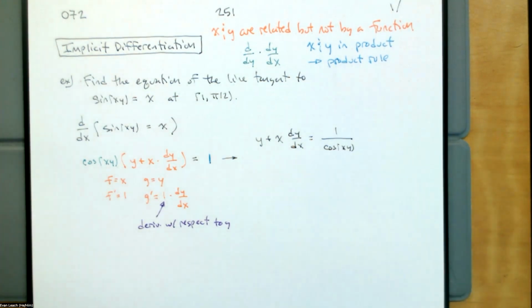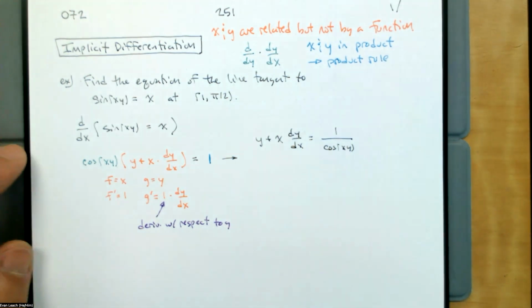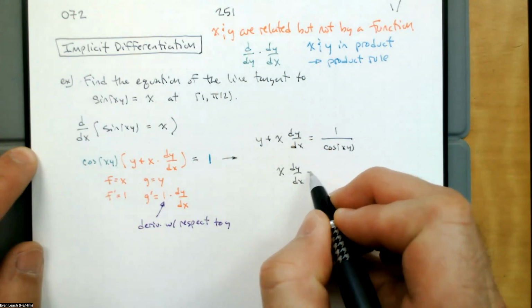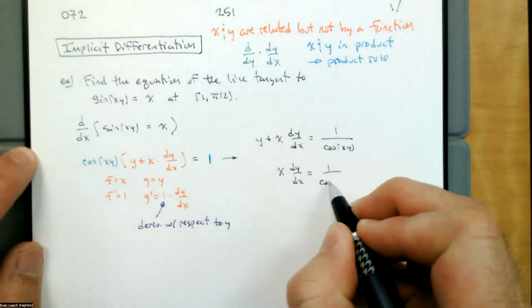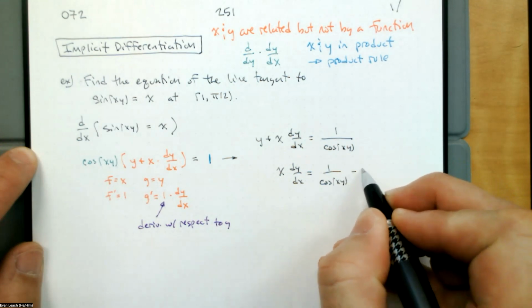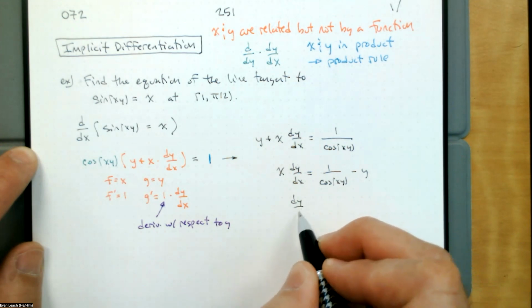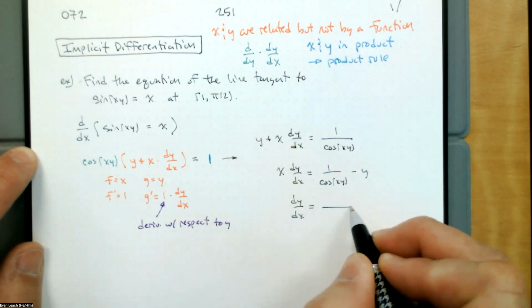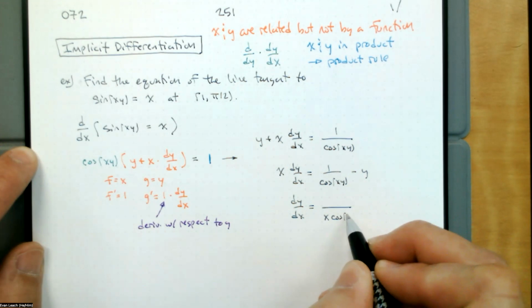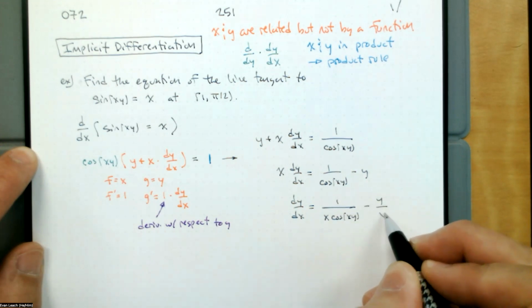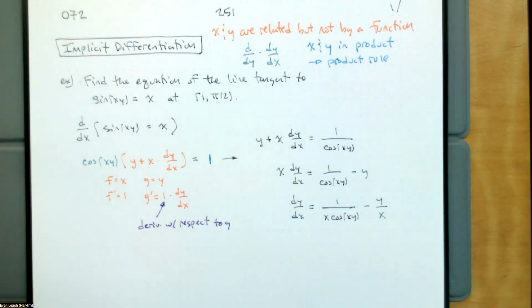Then we could subtract y from both sides. And then divide by x. Weird way of looking at it.